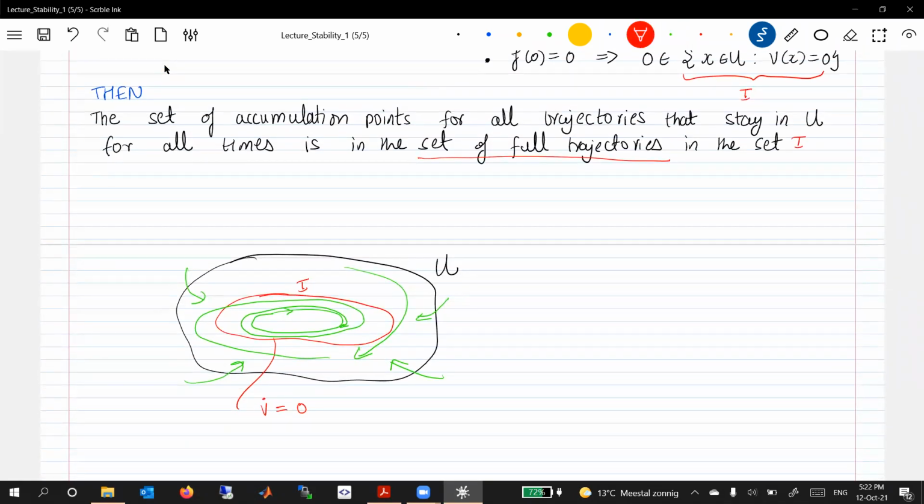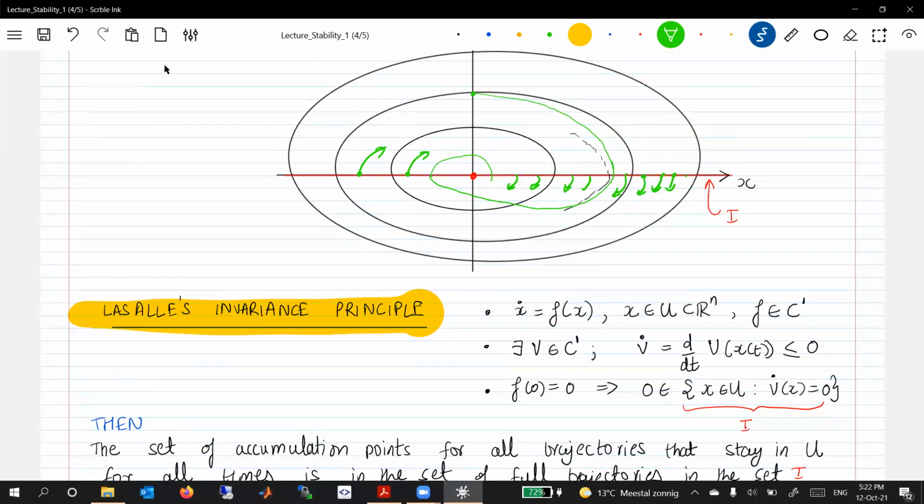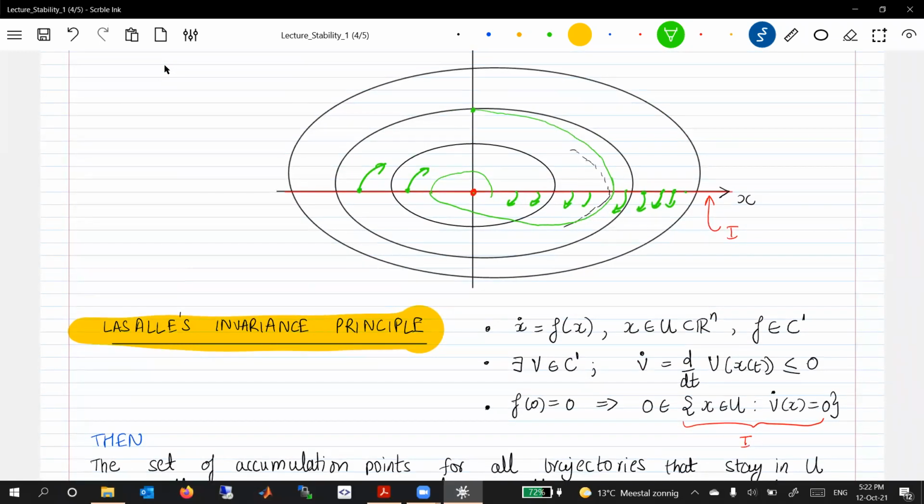So one thing to recall is also that fixed points are bona fide trajectories in themselves. And what we probably should not forget is that there is a fixed point, the origin, which is also a trajectory. If we start on it, we stay on it, and it's a full trajectory for all times, right?